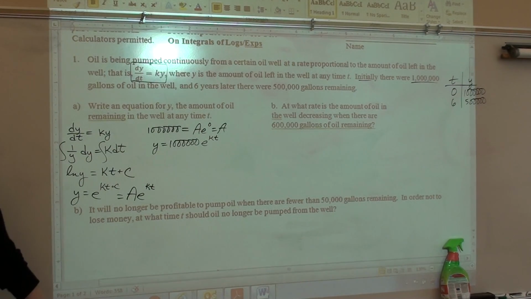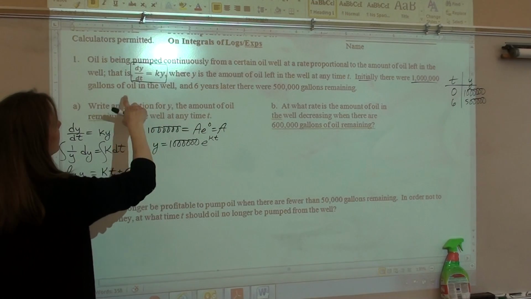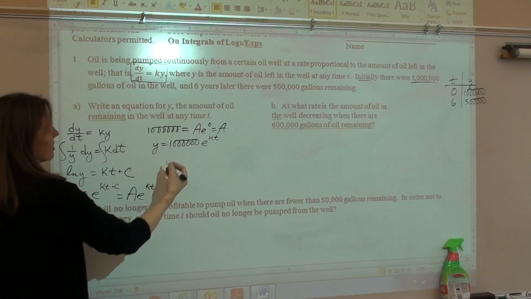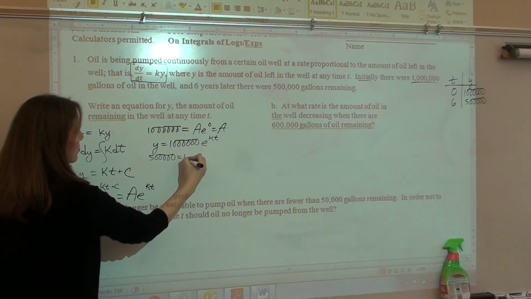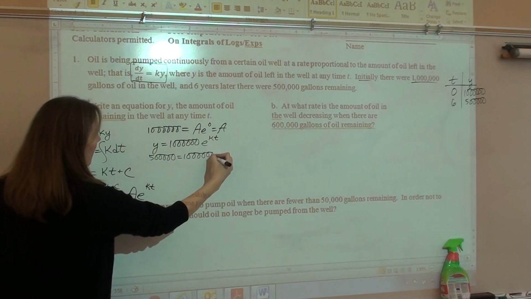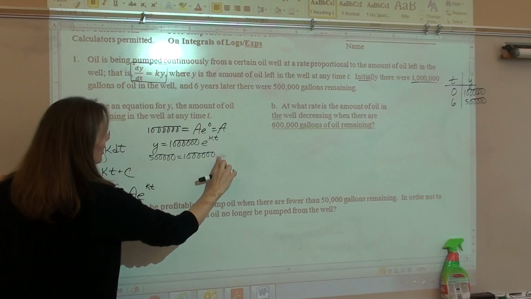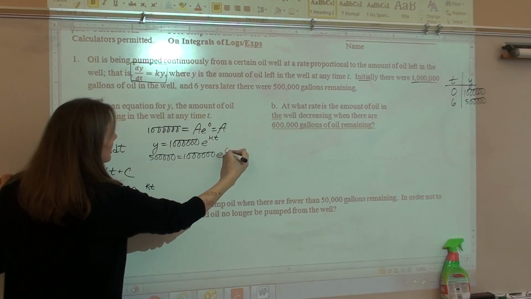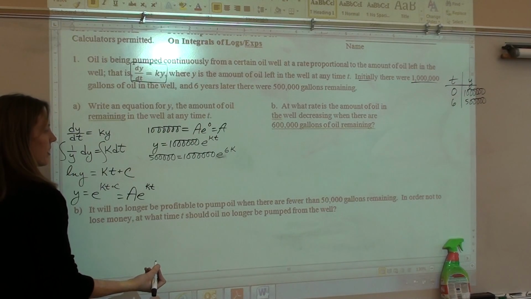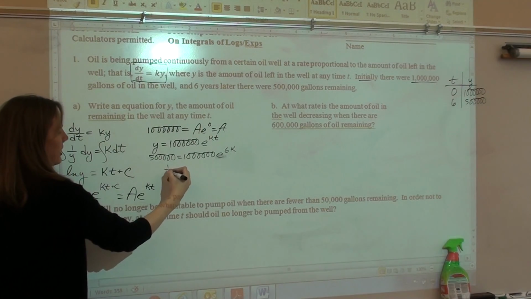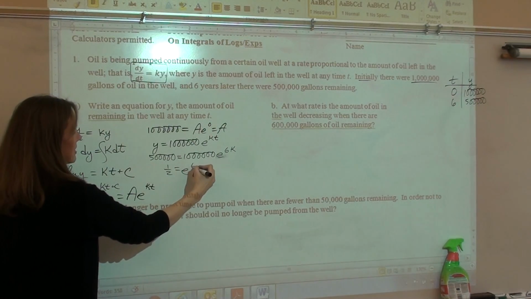Now I need to find k. So now we plug in the other information that's given. Six years later, there's 500,000 gallons. So we have 500,000 equals 1 million e to the 6k, because t is 6. When you divide, you get 1/2 equals e to the 6k.